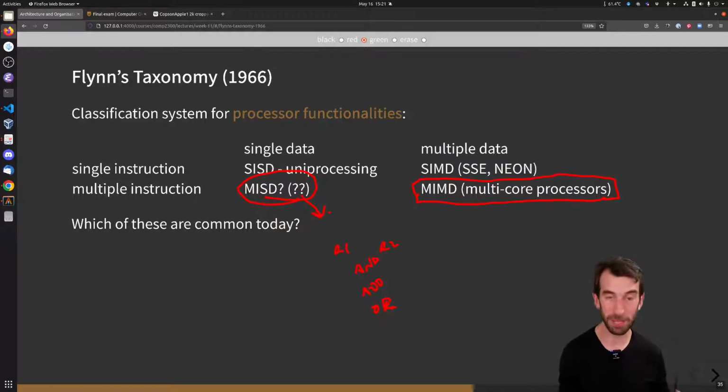Maybe there was some special computer which would do multiple calculations with single data simultaneously for some reason. But if you can only point to the space shuttle, that's a pretty obscure reference. So if anyone else can find another MISD example, you get a Piazza point, which is not useful for anything, but you can feel good about it.